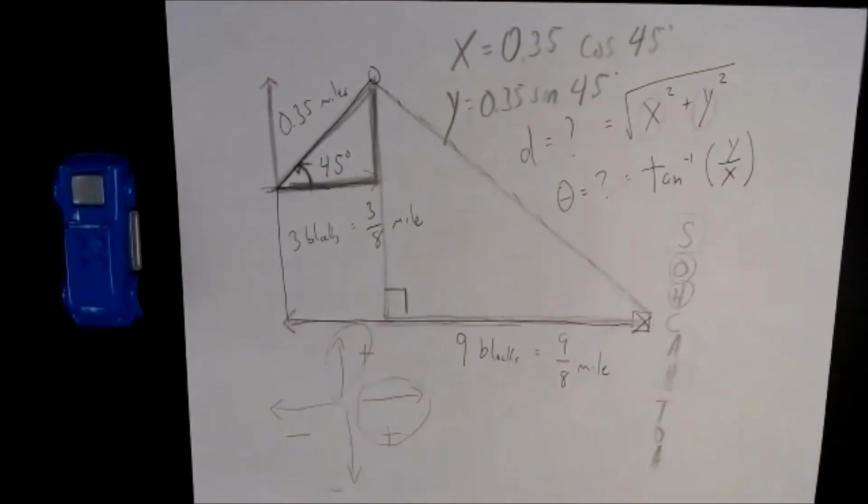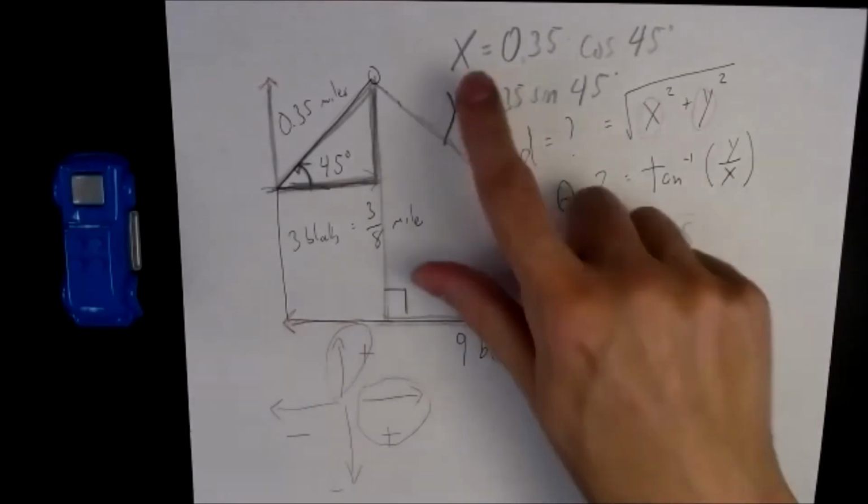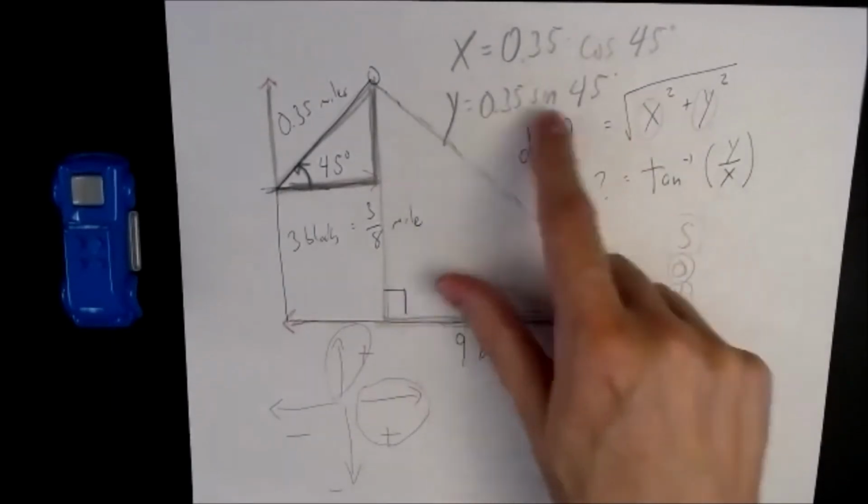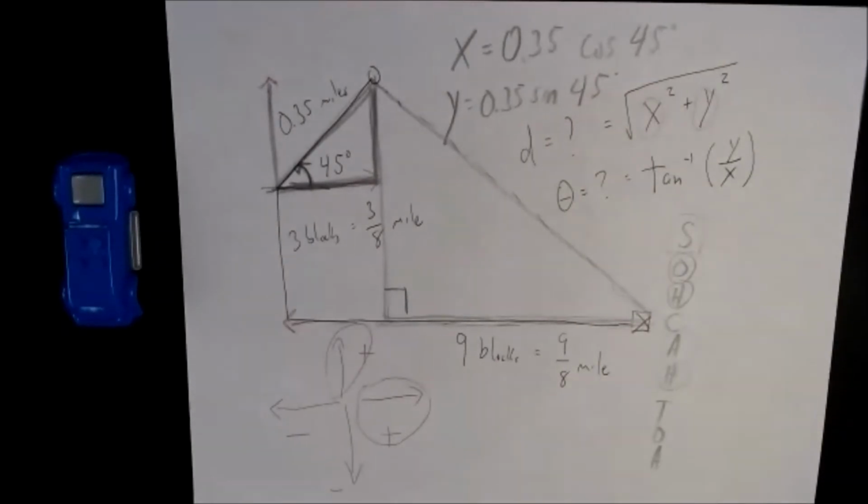Usually this is going to be the case. In almost all cases, we're going to have the x be cosine and the y be sine. It's not a bad idea to memorize that as kind of the default in this class. There will be exceptions though, and we will talk about those exceptions when they happen.